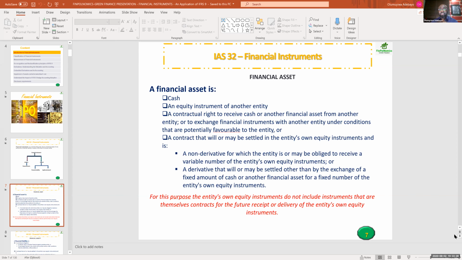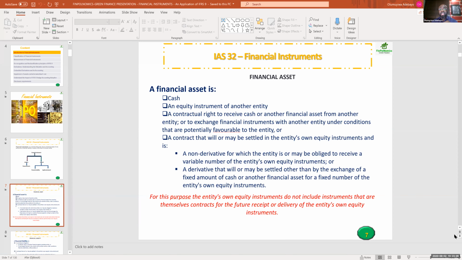The second level of financial asset is where you as an entity invest in the equity instrument of another entity. What it simply means is this. You as a company, ABC Limited, purchase the ordinary shares of another entity, which give you a stake in such an entity.